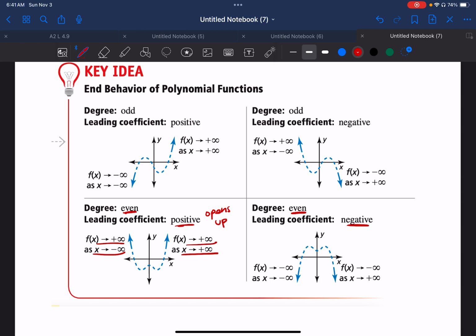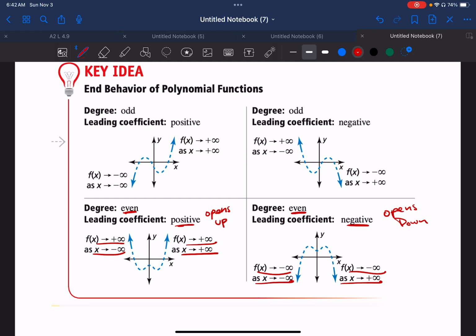Now it doesn't matter if you write f of x approaches positive infinity as x approaches positive infinity, or if you flip those and put as x approaches positive infinity, the function approaches positive infinity. It doesn't really matter. So just pick one and go for it. Now if it's negative, it's the same, except now it's opening downwards, meaning on both ends, the positive and negative infinity for x, the function is going down, so it's approaching negative infinity.